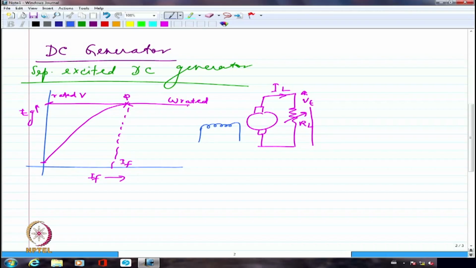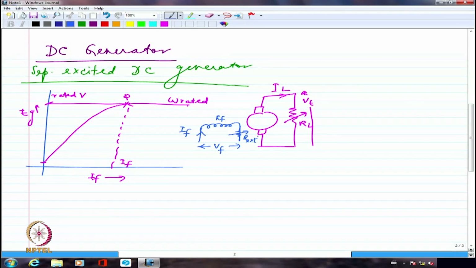So I am going to have the field current flowing like this. I have VF connected here, and I may have a resistance connected in series to vary the field current. This is my RF inherently, and this is R external, the external resistance that I have connected.